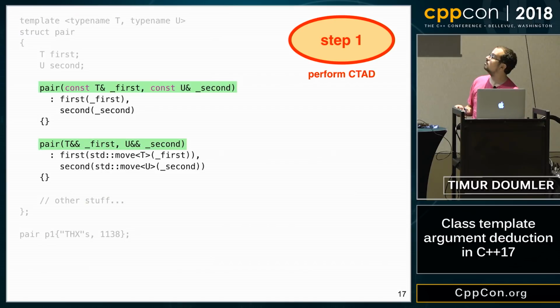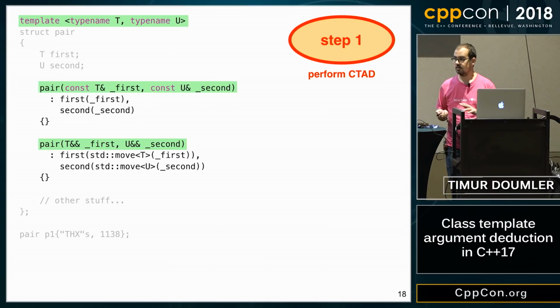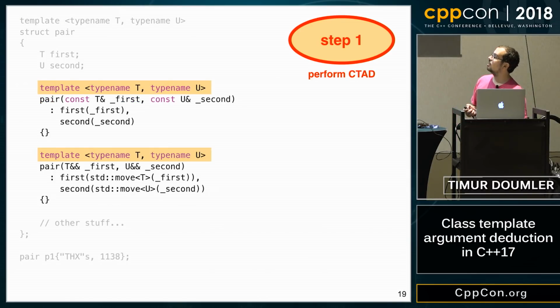How does it work? Take the constructors, take the template arguments of the class, and let's pretend for a minute that those constructors are actually functions. Not constructors, but normal functions, and let's pretend that they have the template arguments that the class has.